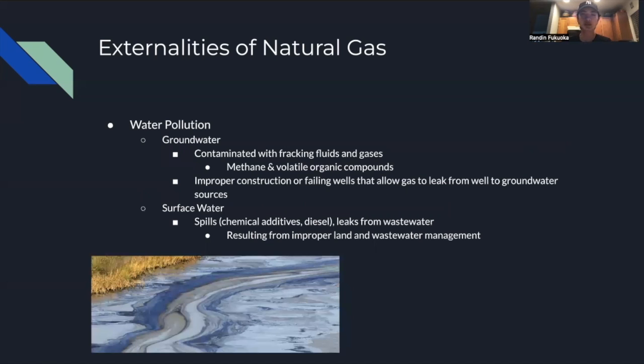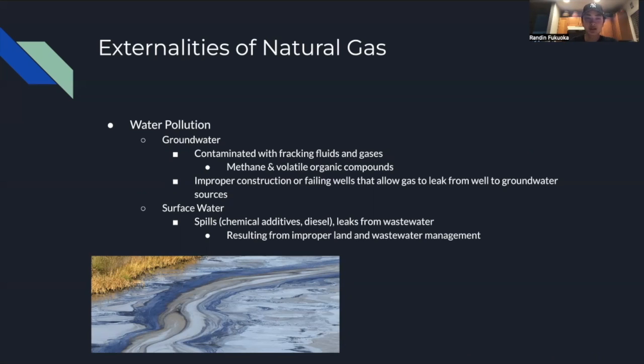Next is water pollution, which I'll cover groundwater and surface water. So groundwater is just water in the ground, just natural sources of water. And these can be contaminated with fracking fluids and gases. These gases include methane and volatile organic compounds.